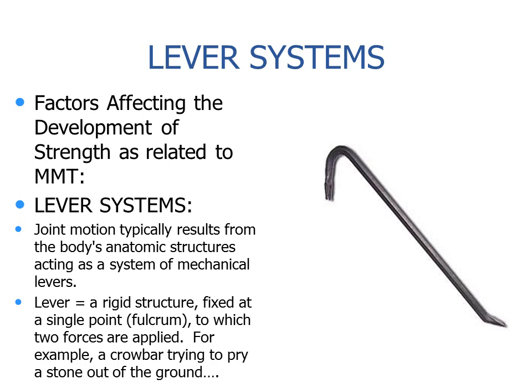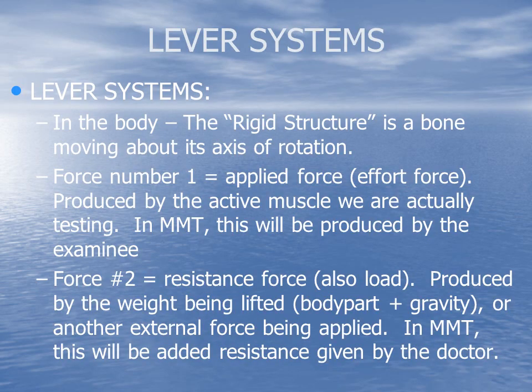So here in this simple example, we see the three components of a lever, which includes two forces applied at some point around the fixed single point that we call the fulcrum. Now, in the human body, the rigid structure that forms the lever is the bone that moves about its axis of rotation at some nearby joint.